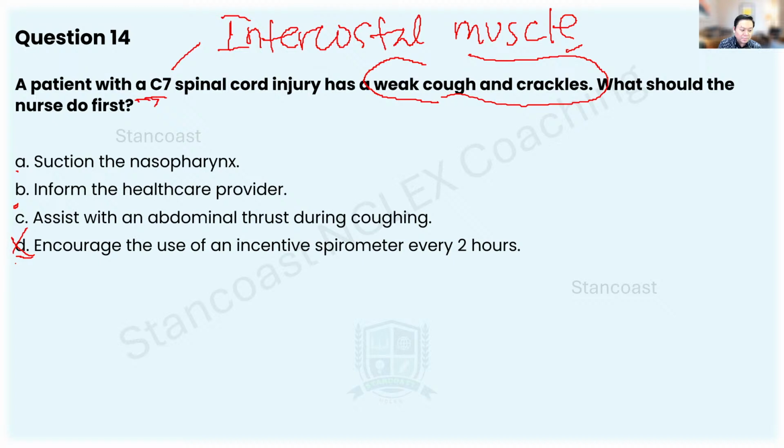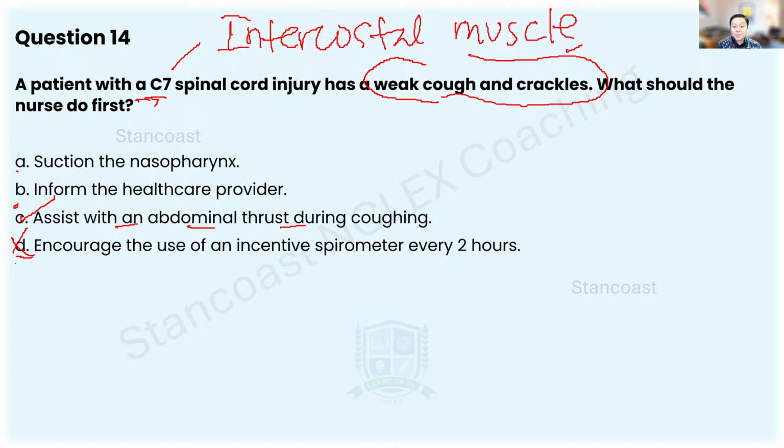Is abdominal thrust the same as assist cough? Yeah, this is the correct answer. Assist with an abdominal thrust during coughing. That is the answer for this question. So what do you do here as a nurse? While the patient is having a weak cough, you will do an abdominal thrust to help support the diaphragm.